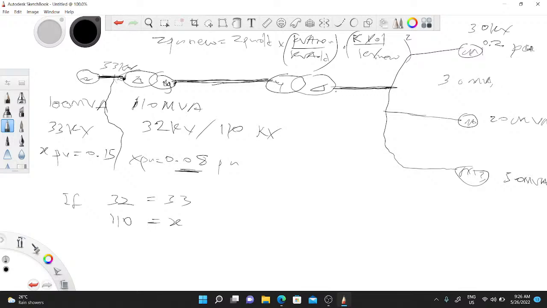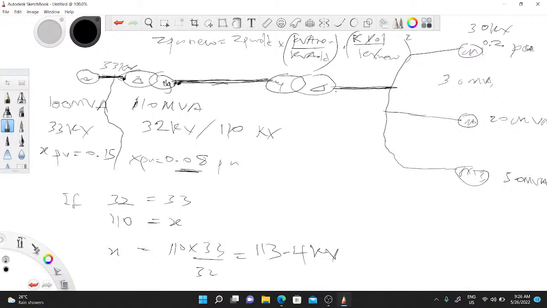Let's say how much of the 33 will come to this side, to the transmission line? I can say my x is given by 110 times 33 over 32. That will give you 113.4 kilovolts.